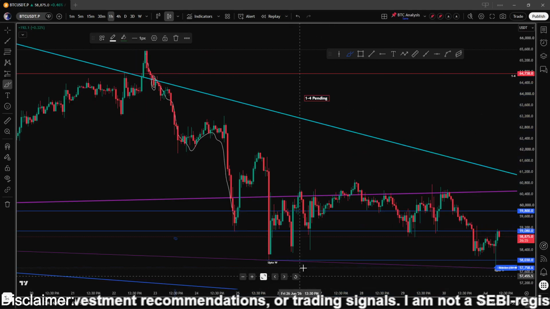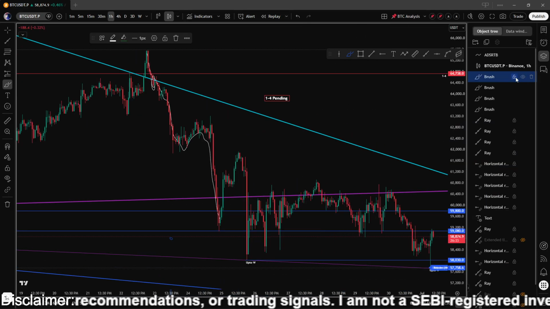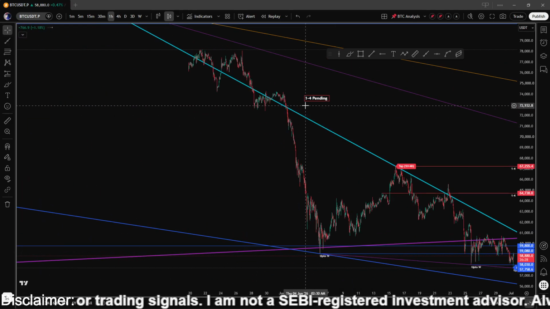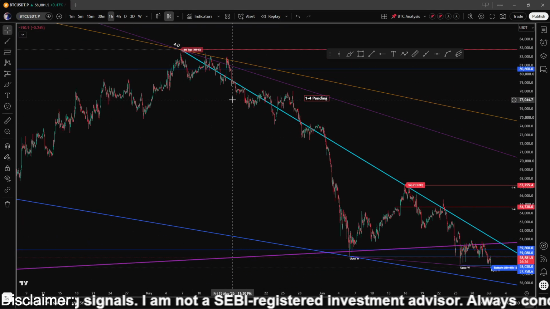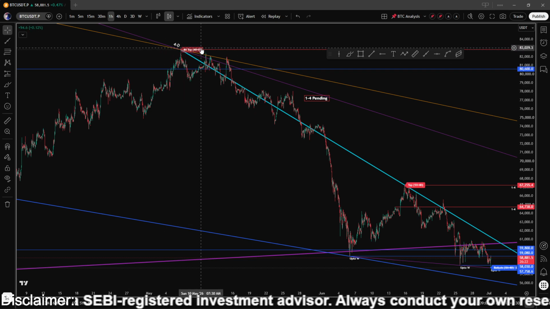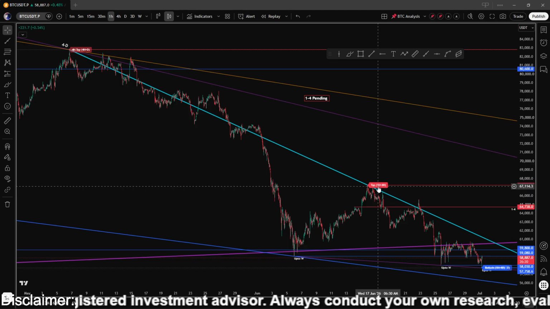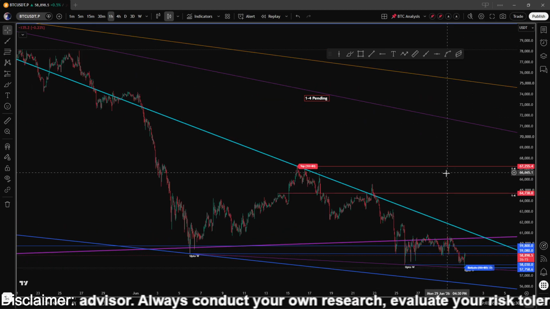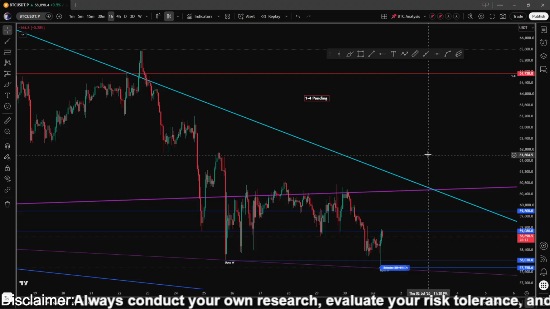Let me delete this. Right now in the 1 hour time frame, this high, which includes up until daily, and this ongoing 1 hour top come to this level here, right?